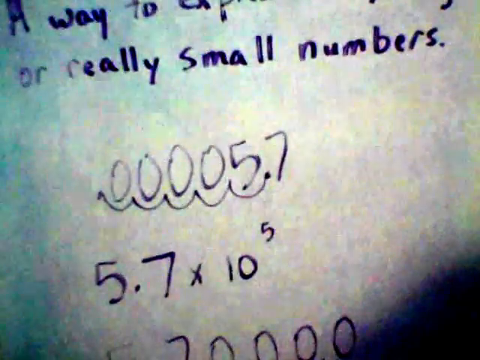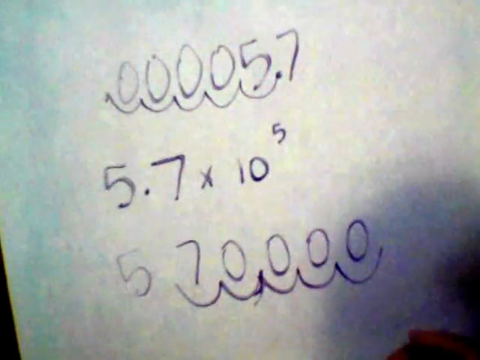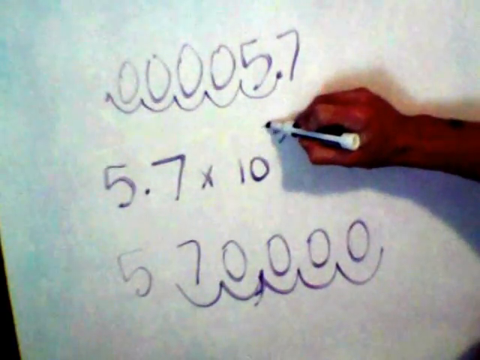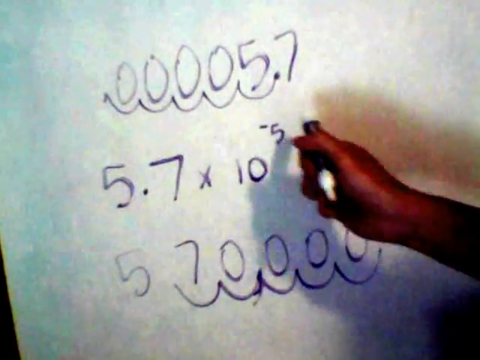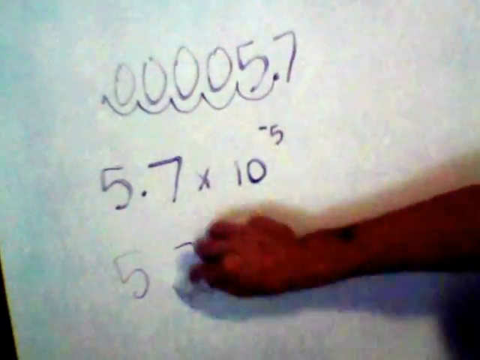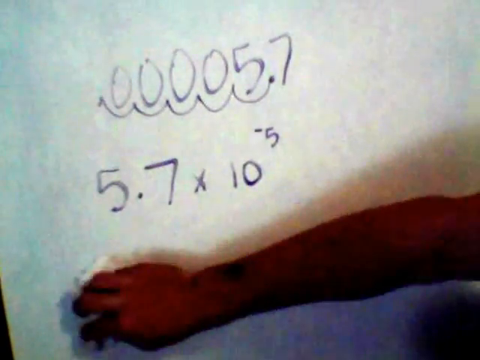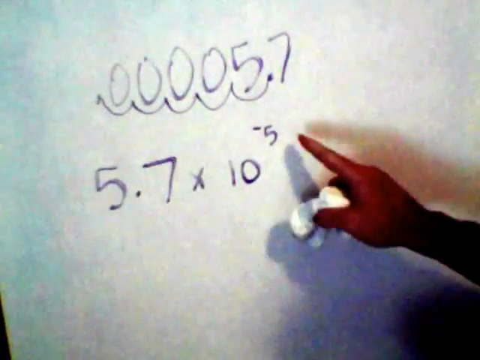You're thinking about the difference of very small measurements to a very large number. So you have to be very precise, very accurate. You have to make sure that you have negative when you're talking about a decimal. It's not something that you can just leave out and say, oh, I forgot it, that's what I really meant. If you're talking about a really small number, you have to have that negative exponent.